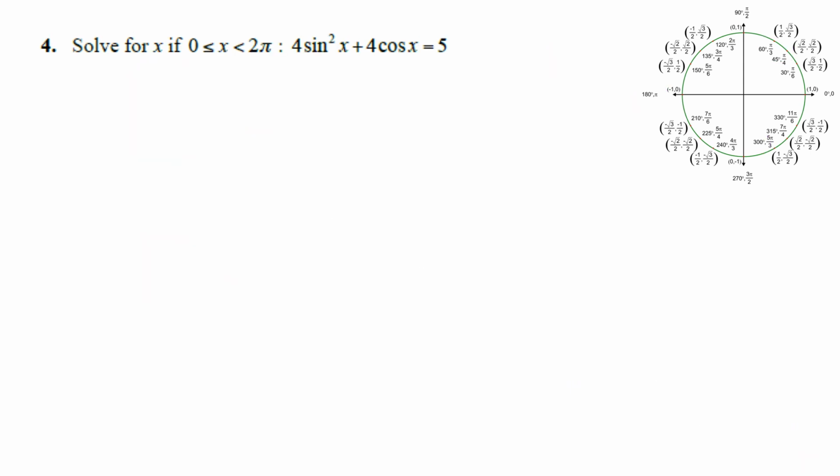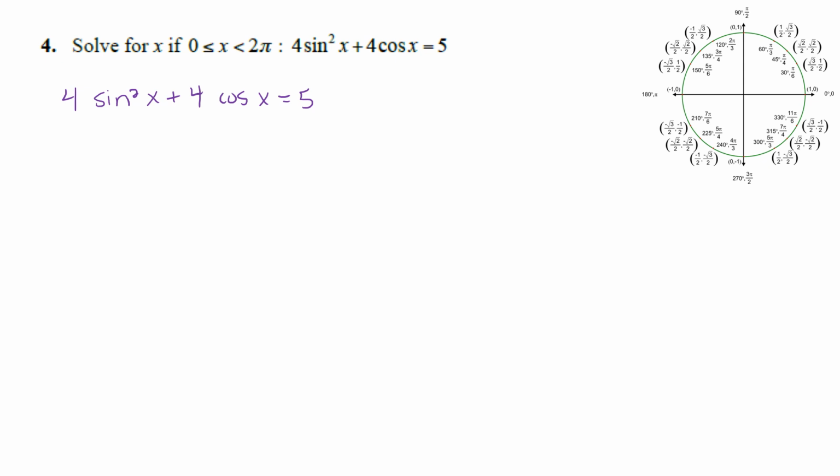All right, our next equation is 4 sine squared x plus 4 cosine x equals 5, where x is between 0 and 2 pi.